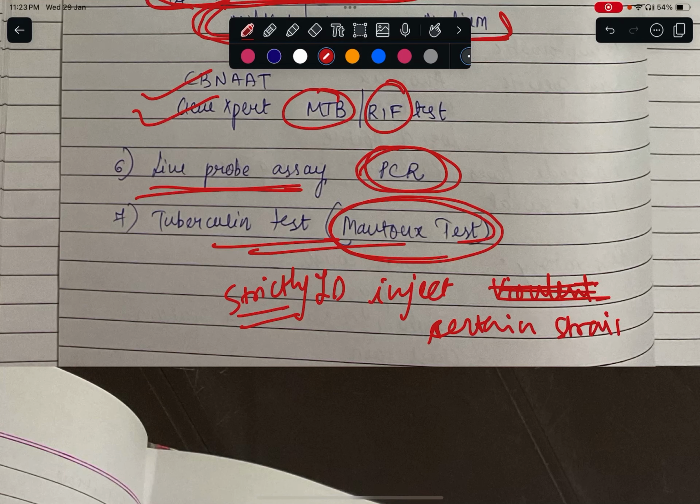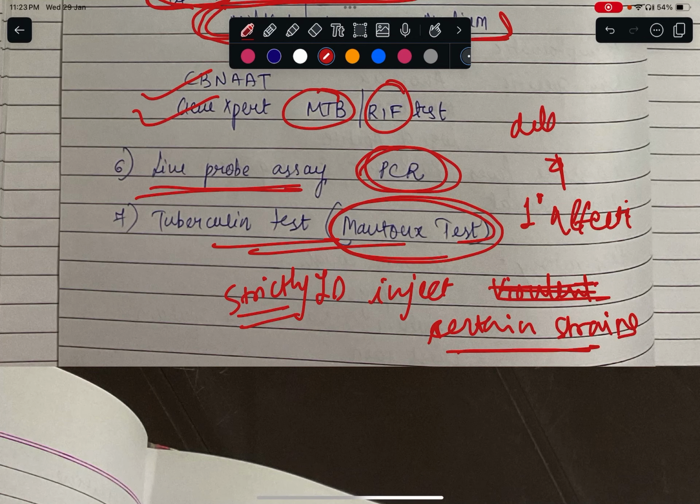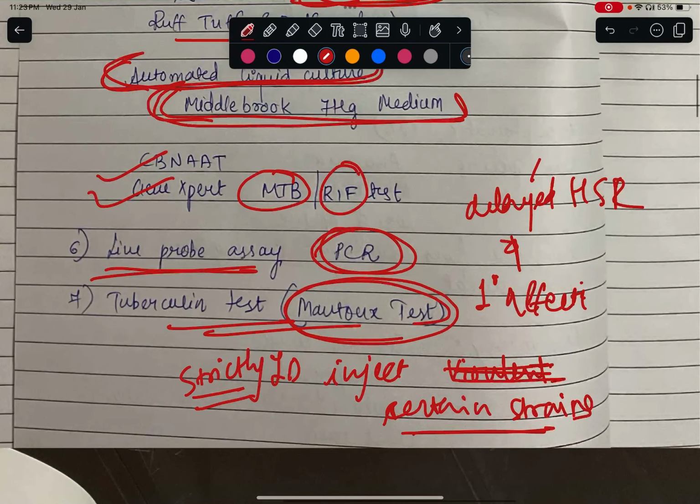If the individual has been previously infected, there will be a delayed hypersensitivity reaction, which will result in the formation of an induration the next day.